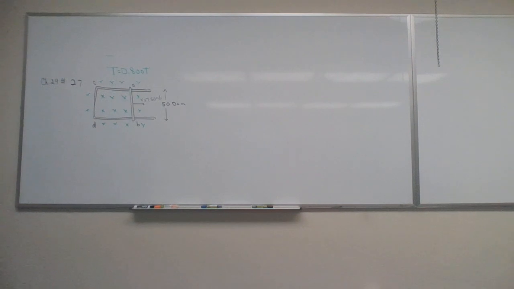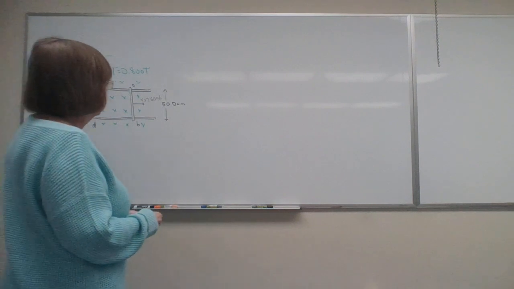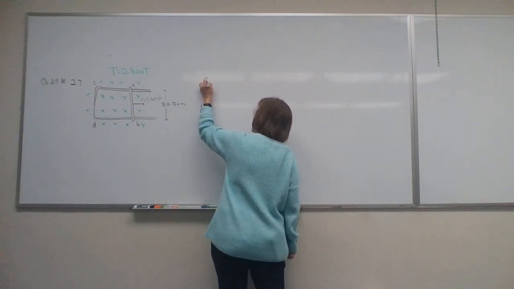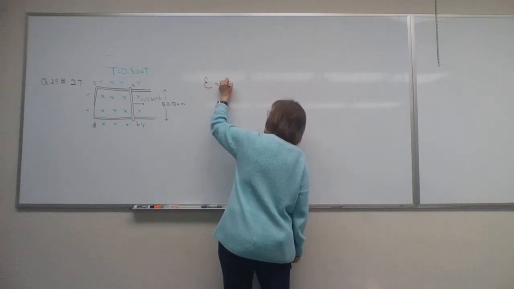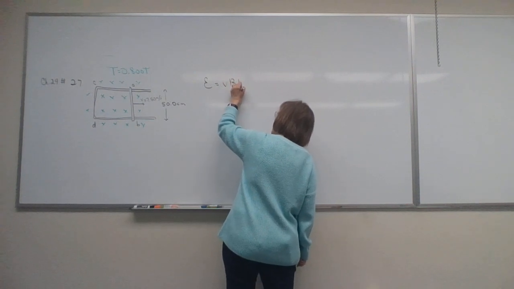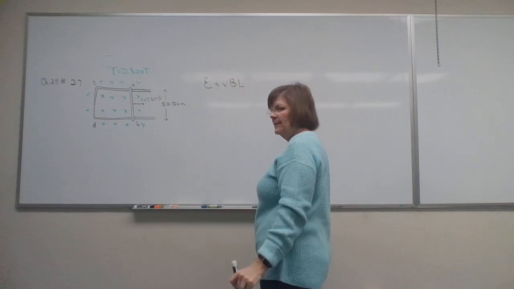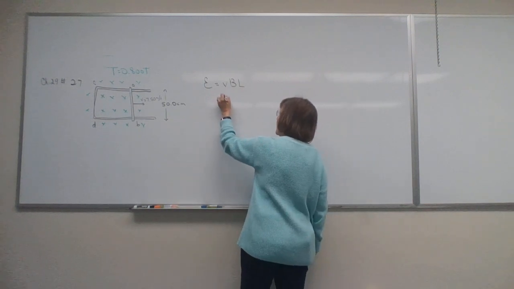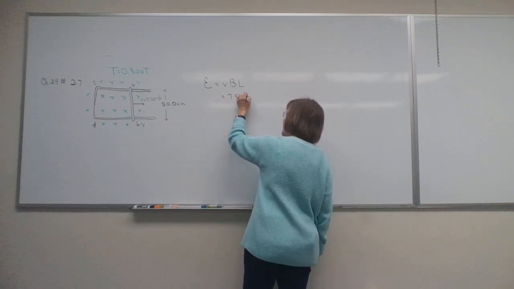Find the magnitude of the EMF induced in the rod when it is moving to the right with a speed. Okay, that is our classic moving rod, motional EMF. The induced EMF is VBL. Pretty sure that's on a formula chart somewhere for a rod. V is 7.5 meters per second.